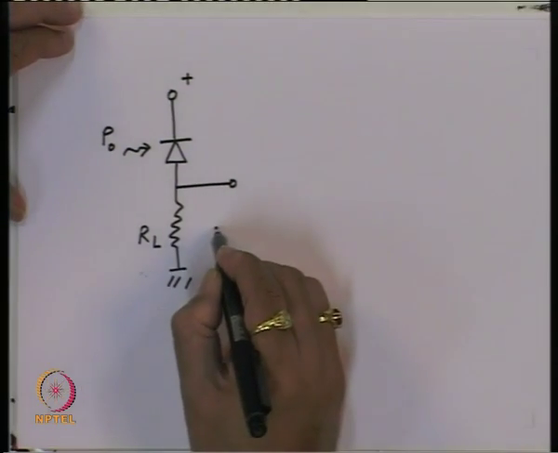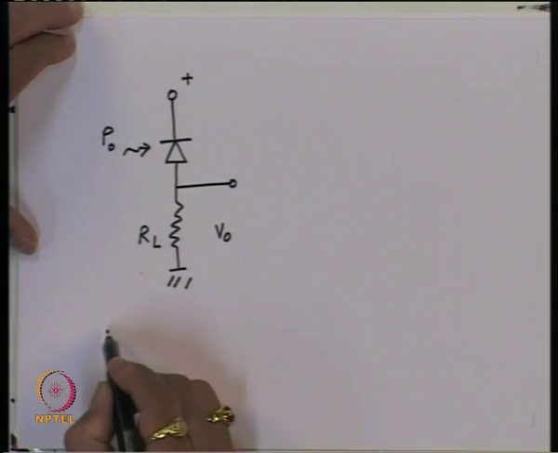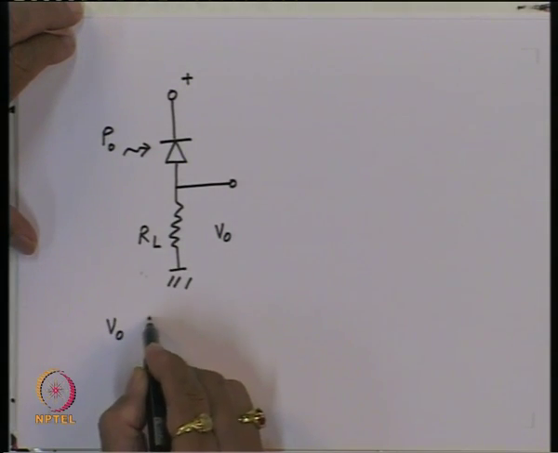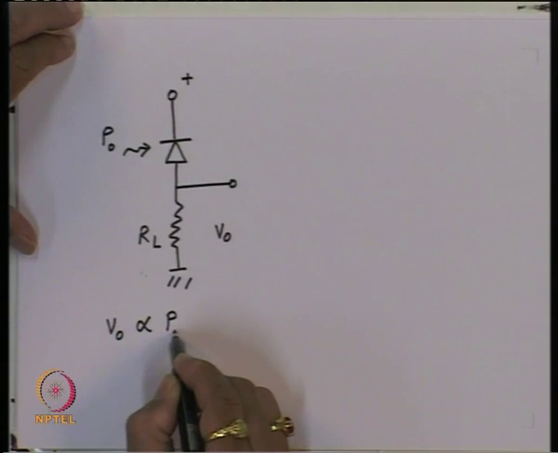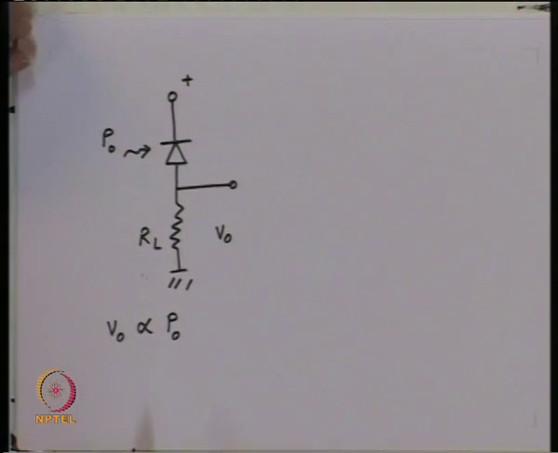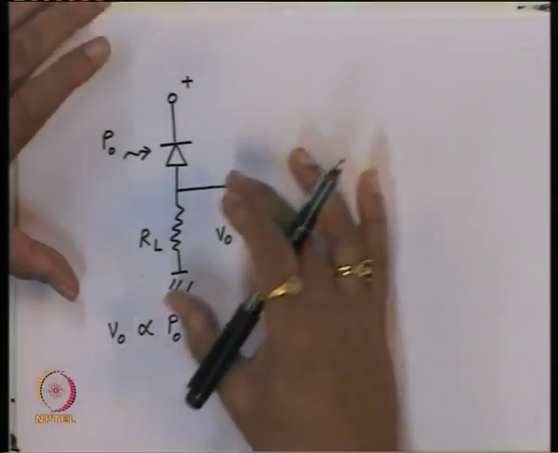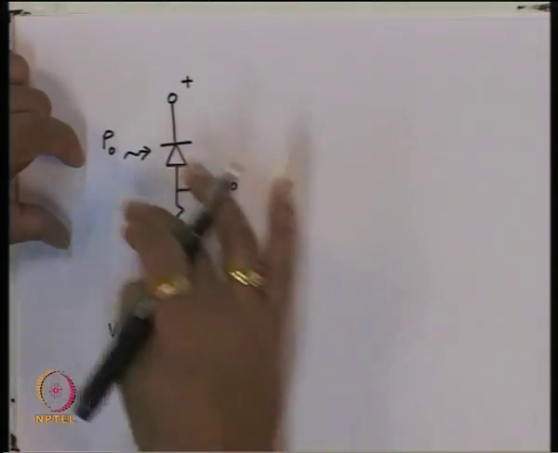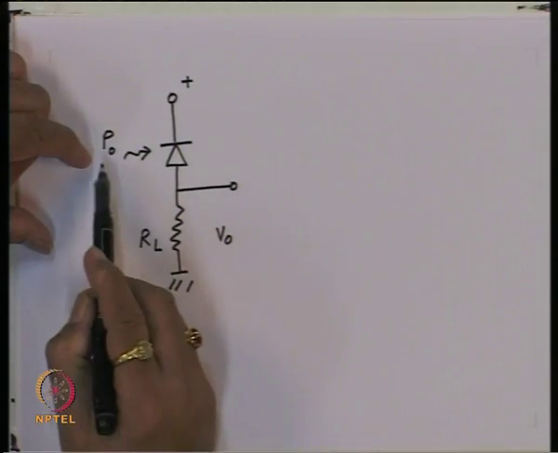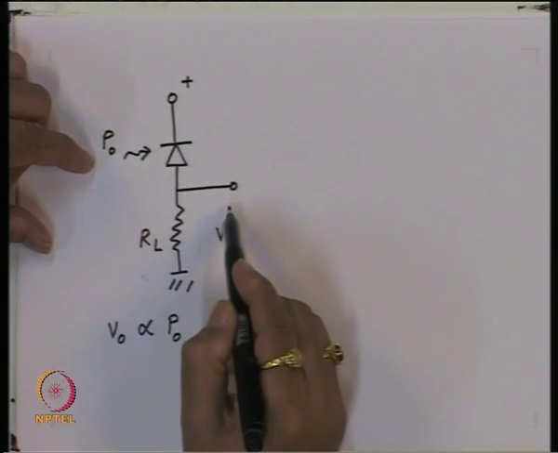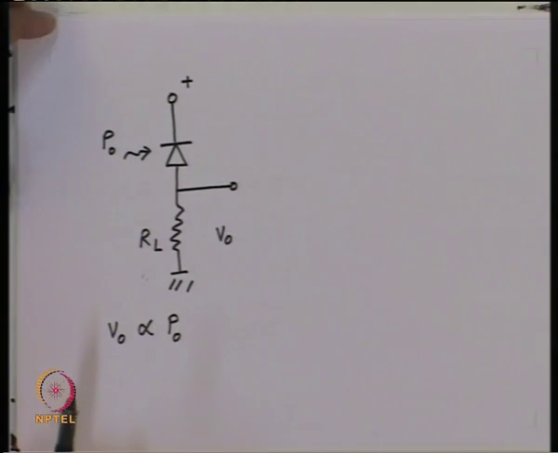So you have a voltage VO, and VO is proportional to the incident optical power. If the optical power fluctuates, this voltage also will fluctuate. So essentially we have information transfer from the optical signal to the corresponding electrical signal.